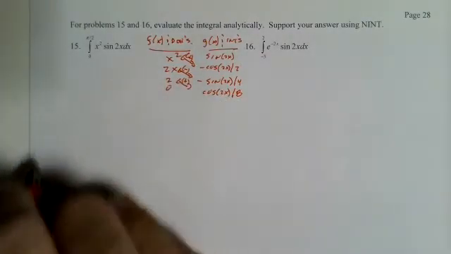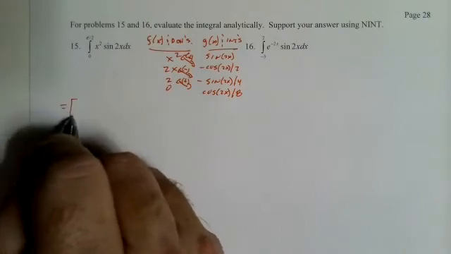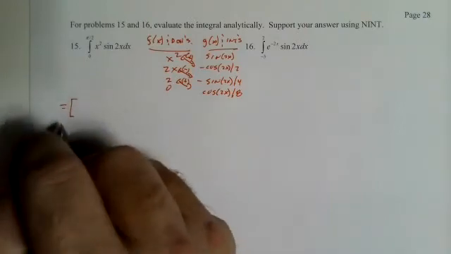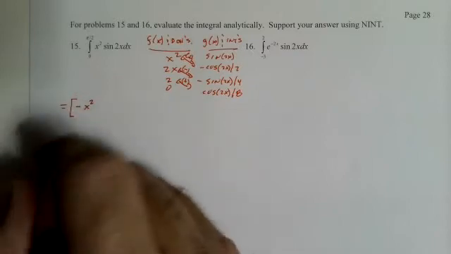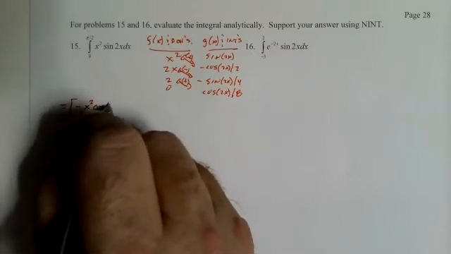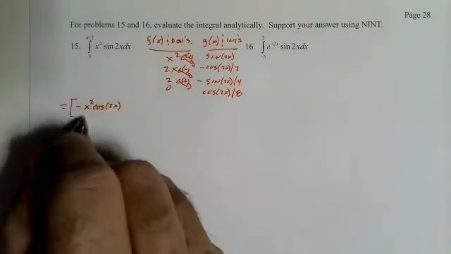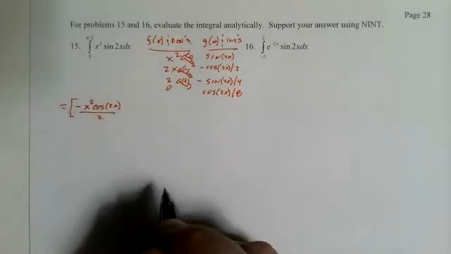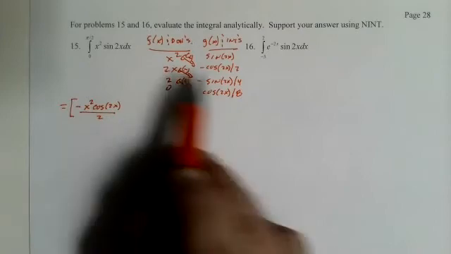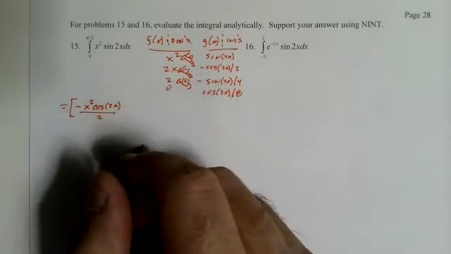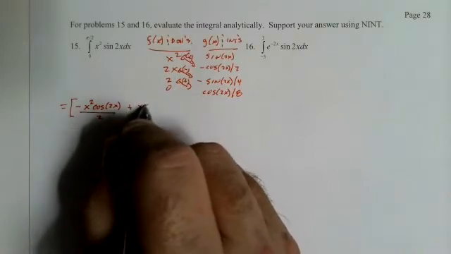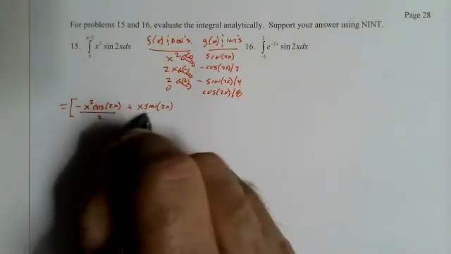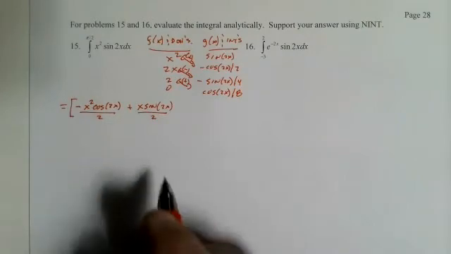All right, so equals bracket because, well, we'll see why. Negative x squared cosine of 2x over 2. I'm going to cancel a 2 and a 2 here and get positive x sine of 2x over 2.